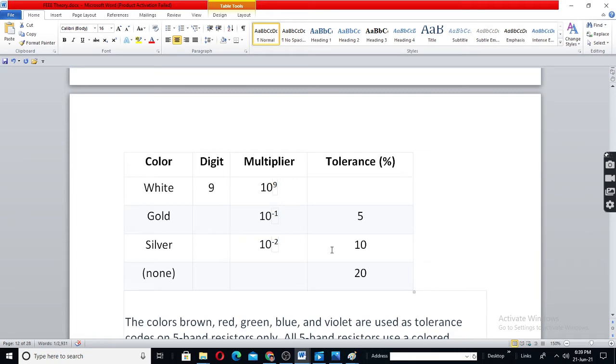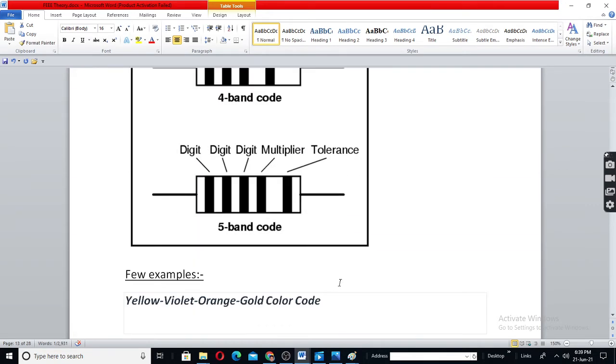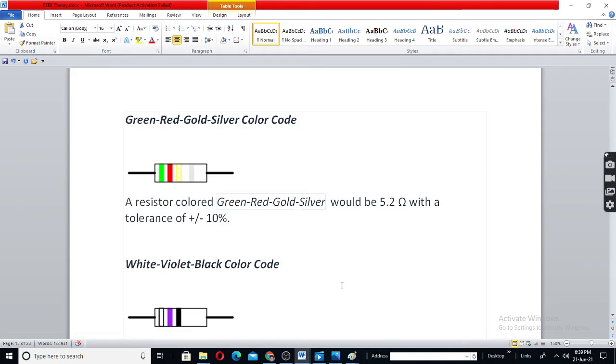So 52 into 10 to the power of minus 1, which will be equal to 5.2 ohms.